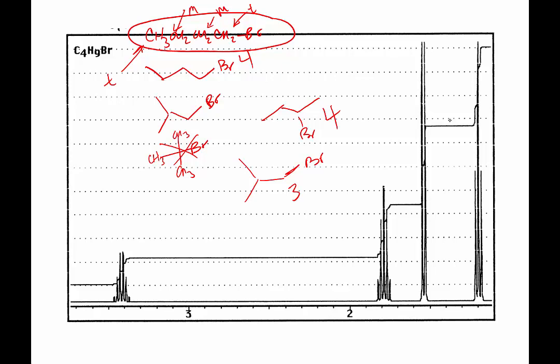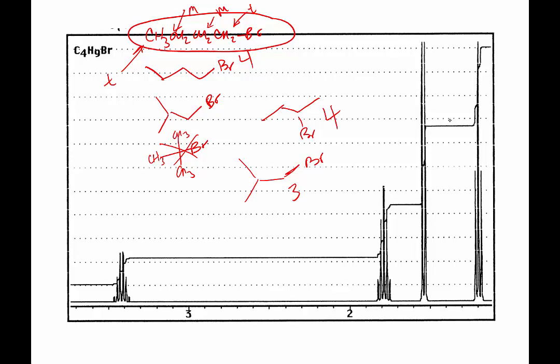Then I've got 2 CH3 groups. Actually, this one at 2 blocks is a CH2. This one at 1 block, the one on the left, is a CH. So they're roughly 1 block per hydrogen. So I got a CH, I got a CH2, I got 2 CH3s.